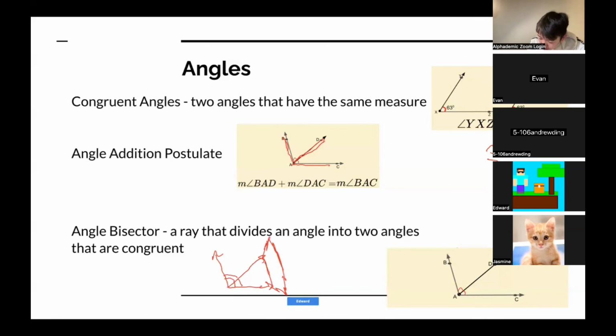If these two base angles were congruent, you would just draw it with the three. So this just shows that these two angles are congruent with each other, while these two angles are congruent with each other. Does anyone have any questions on angle congruency and the different postulates?